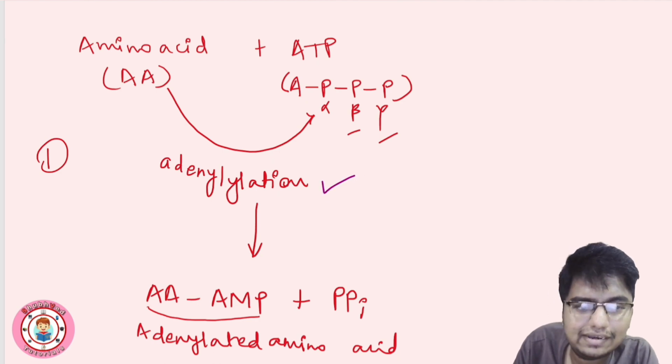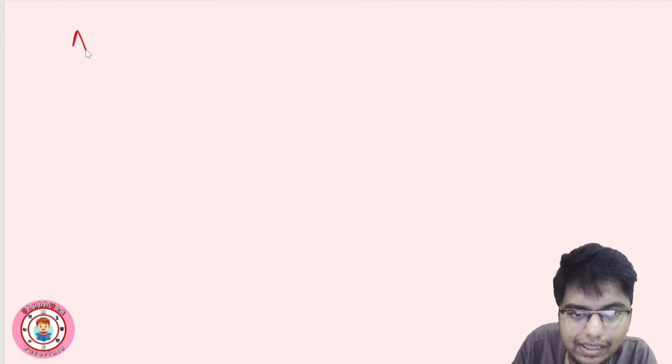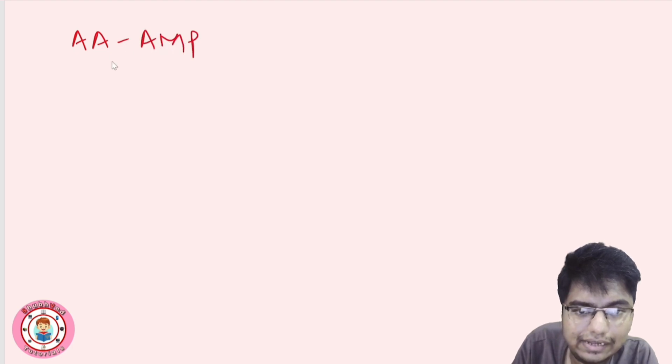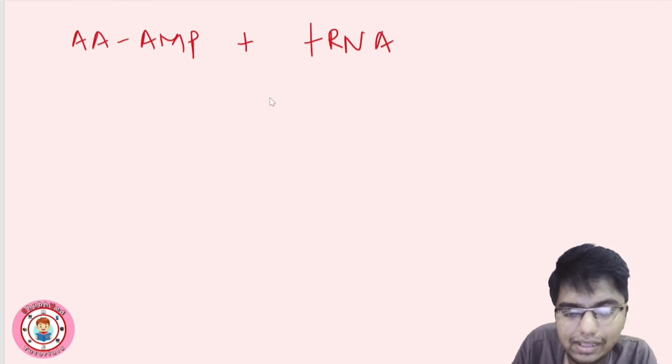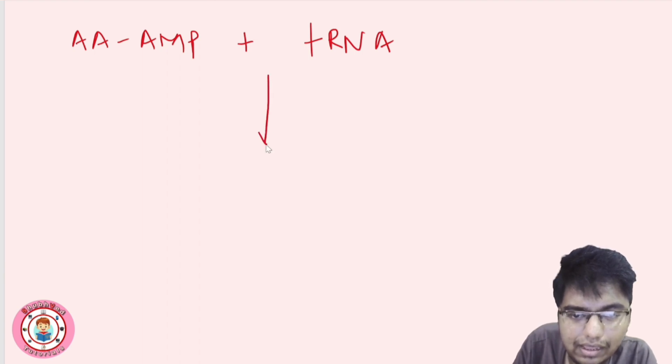Then the second step: the amino acid with AMP, that is the adenylated amino acid, will react with tRNA. And what will happen?